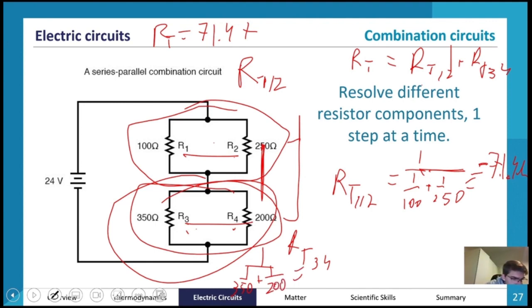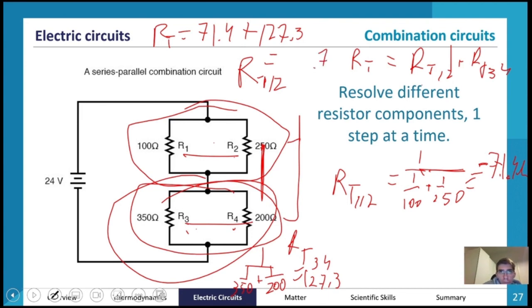In order to solve that, we would have 1 on 1 divided by 350 plus 1 on 200. That would give us 127.3.